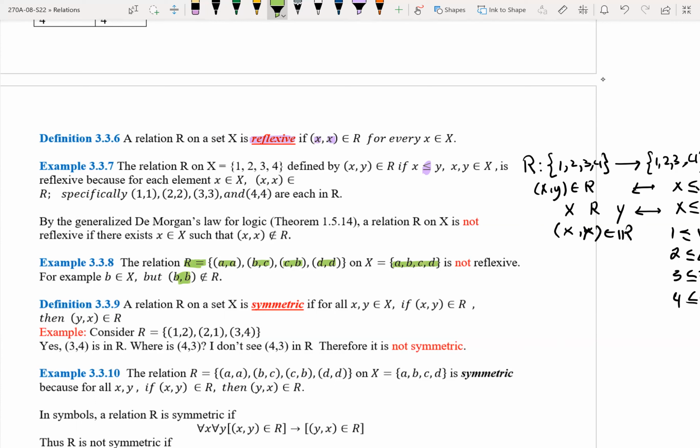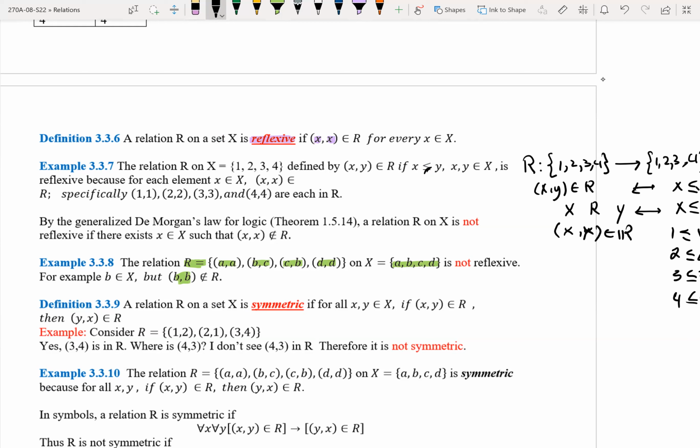Even for the previous example, if I remove the equality sign, so X less than Y as a proper inequality, that doesn't satisfy the reflexive property, right? So it's not reflexive anymore, because one is not less than one, though one is less than or equal to one.